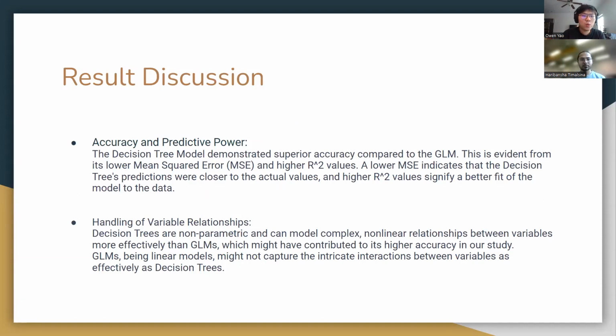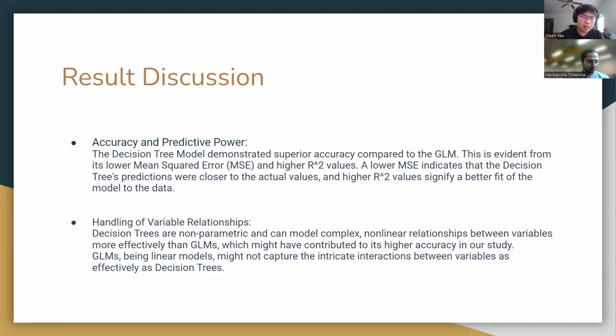And why we are doing the evaluation is because the decision tree model is demonstrating superior accuracy compared to the GLM. This is evident from its lower mean squared error and higher R square values. A lower MSE indicates that the decision tree's predictions were closer to the actual values, and higher R square values signify a better fit of the model to the data.